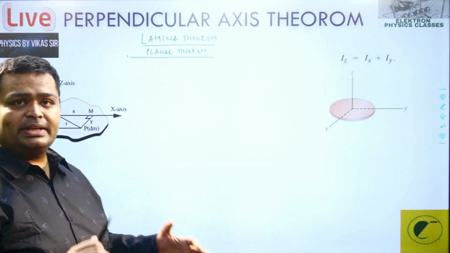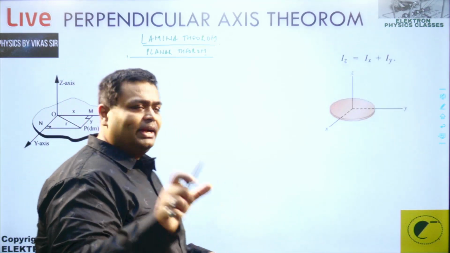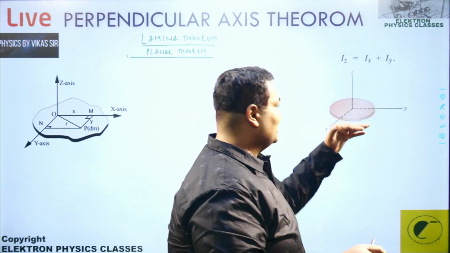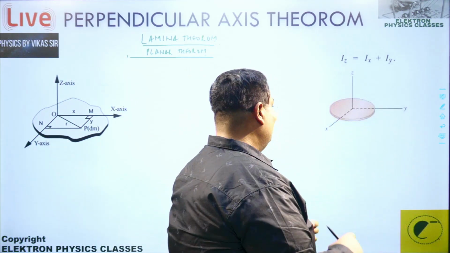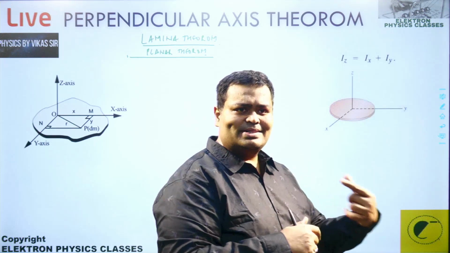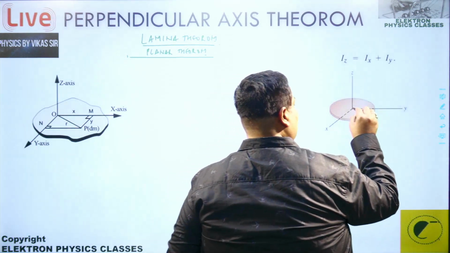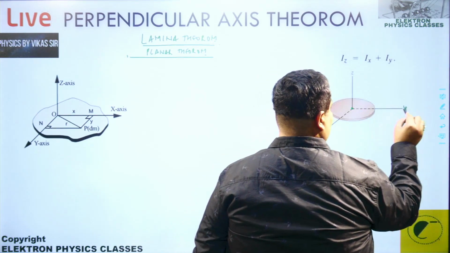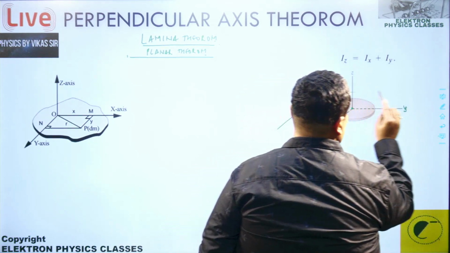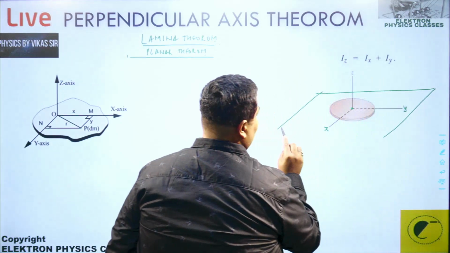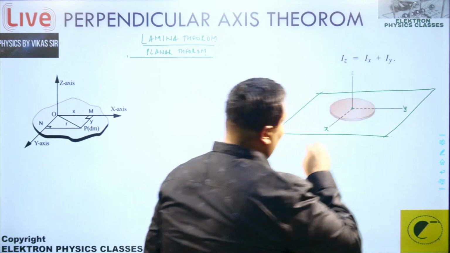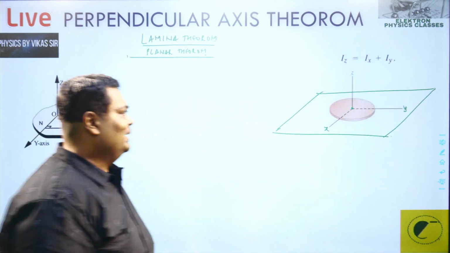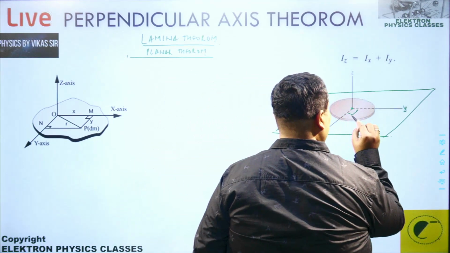And how do we state it? First of all, we have to select two axes which are in the same plane and intersecting each other at this point. These are the two axes. One is the x-axis, the second is the y-axis, and they are in the same xy plane, and mutually perpendicular to each other.